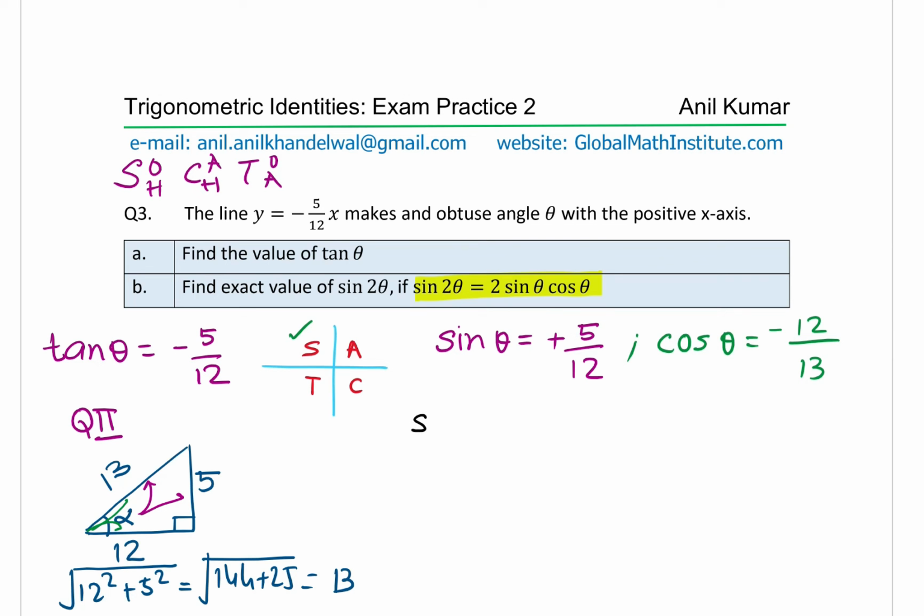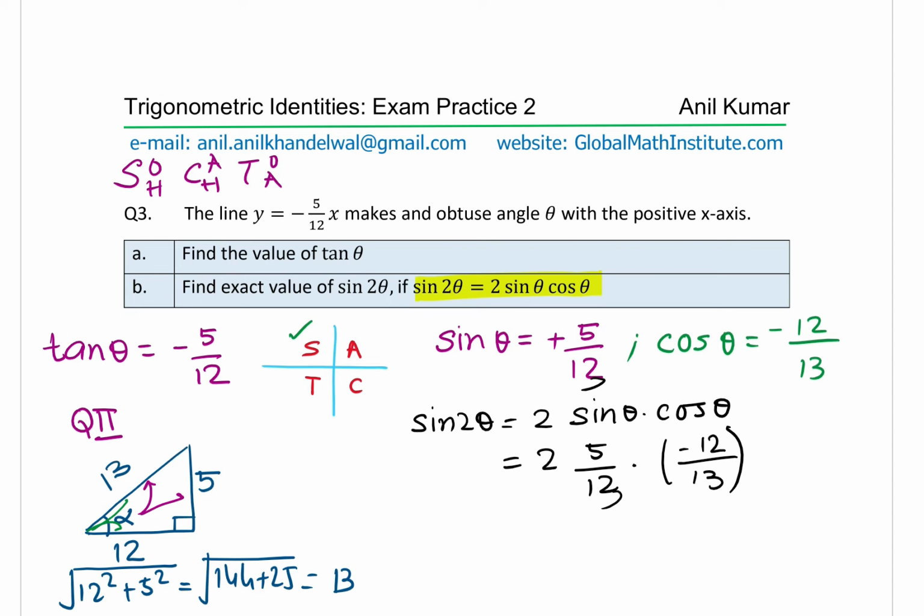So it could be written as 2 times 5 over 13 times minus 12 over 13.